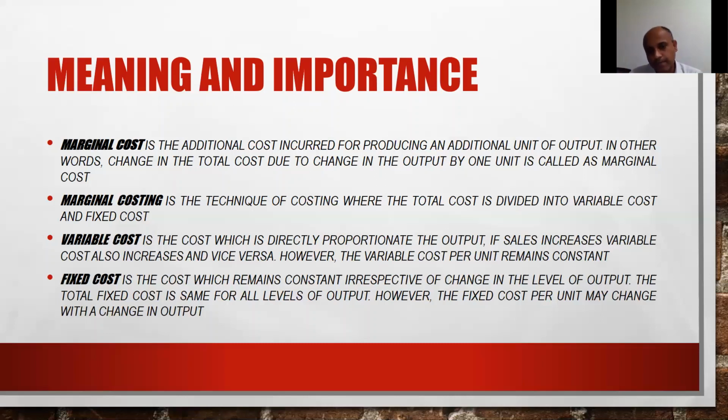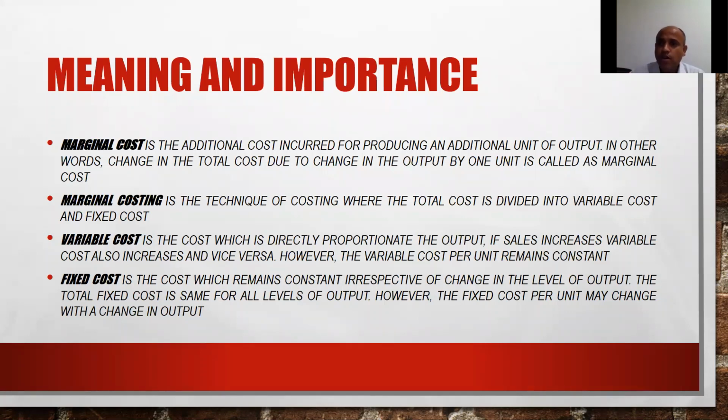Come to fixed cost. Total fixed cost remains constant, but per unit fixed cost, can anyone tell me what will happen to it? My factory rent is 10,000 rupees. So when I produce 1000 units, 10,000 divided by 1000 is equal to 10 rupees per unit. But when I'm producing 10,000 units, it is 10,000 rupees factory rent divided by 10,000 units.